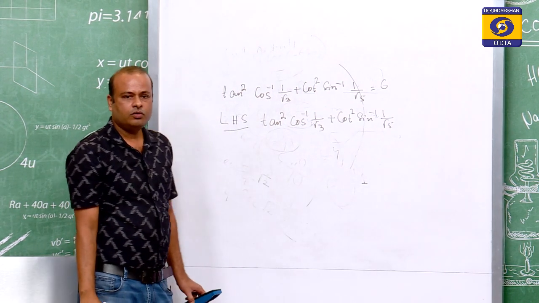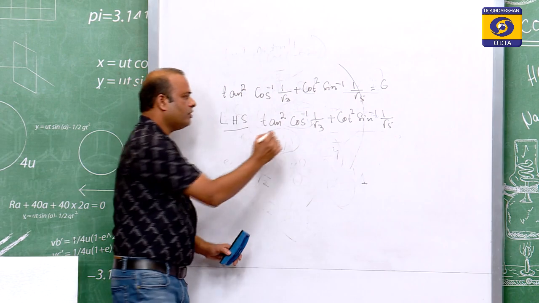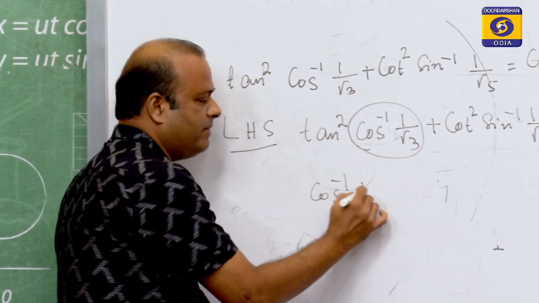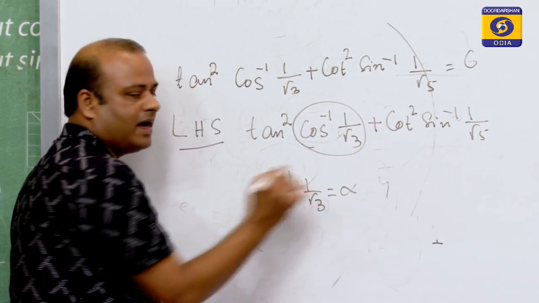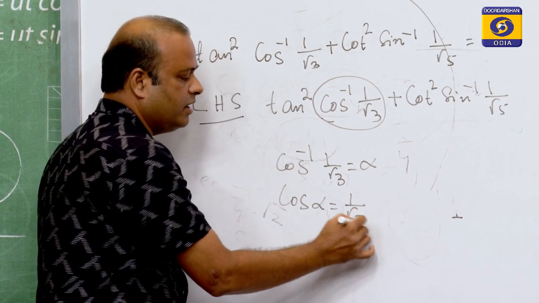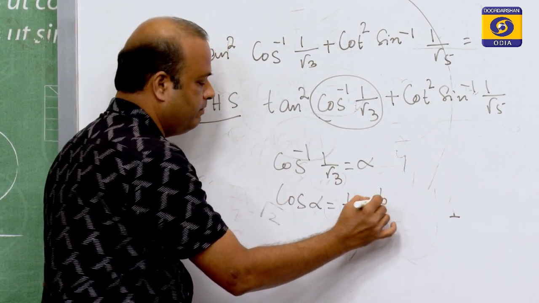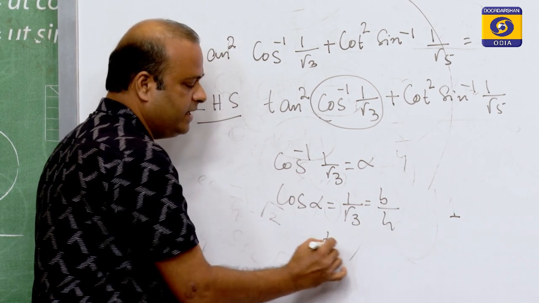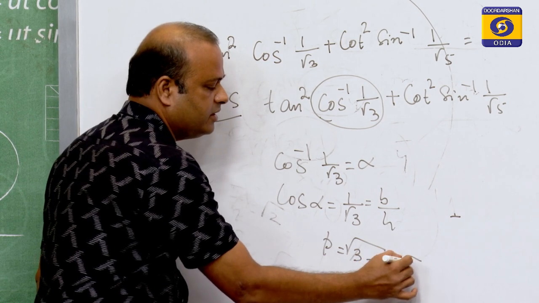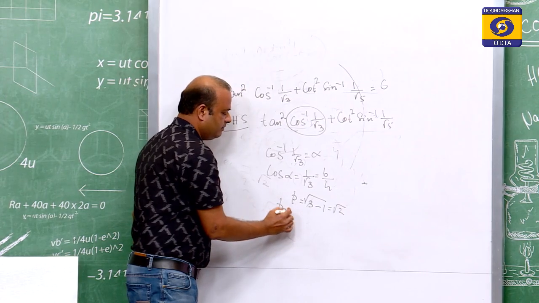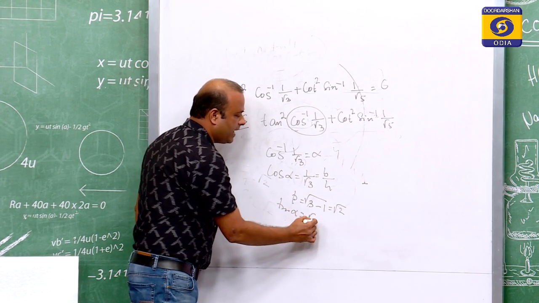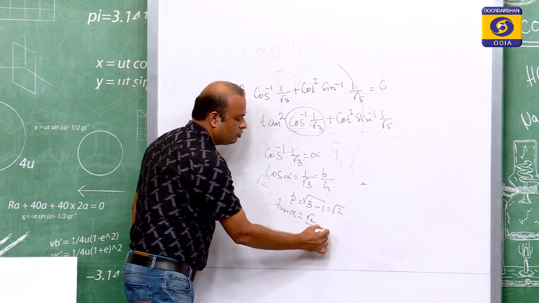Just as I have told you, first convert this one to tan. Take cos inverse of 1 by root 3 equal to alpha. So, cos alpha is equal to 1 by root 3, which is b by h. So, p is root of 3 minus 1, that is root 2, and tan alpha is equal to p by b, root 2 by 1, that is root 2.